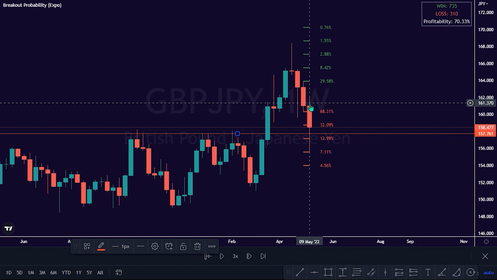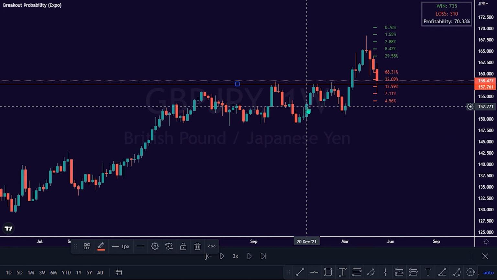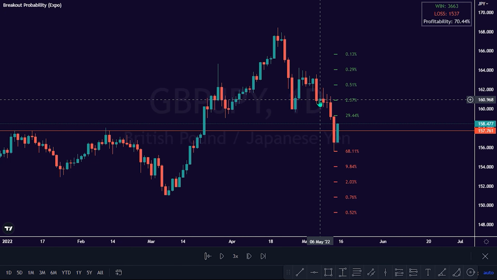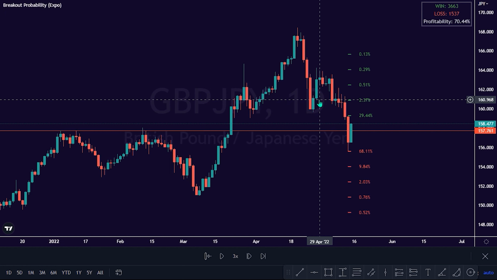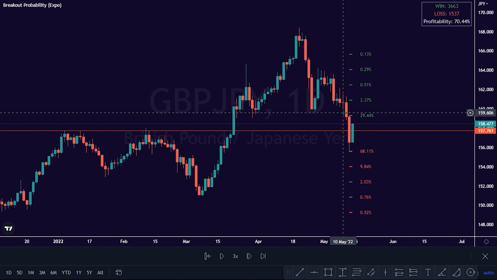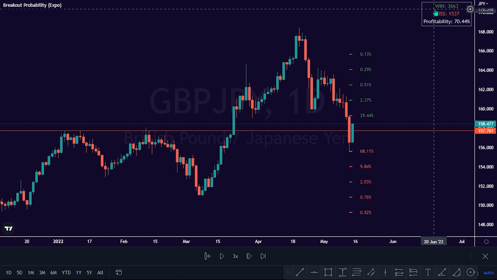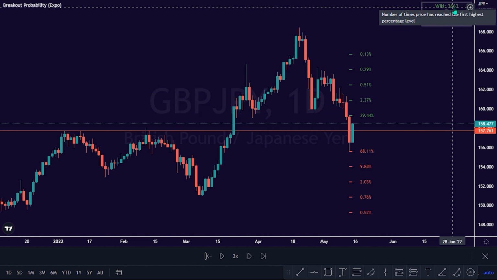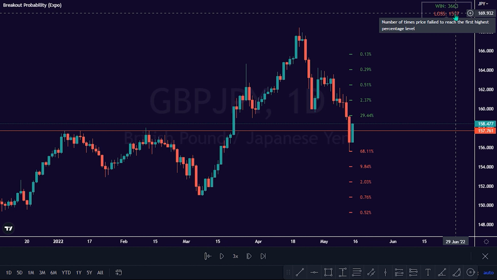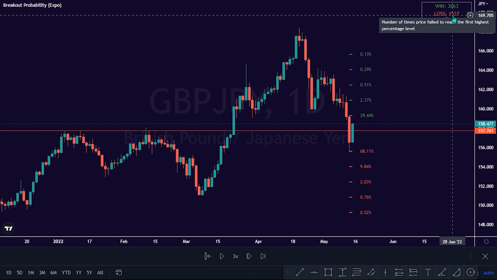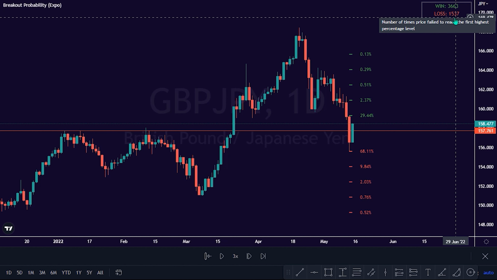The next step is to navigate to the daily time frame to relate the profitability ratio to the weekly time frame. On the daily time frame, the win rate is 3,663. The loss rate is 1,537.